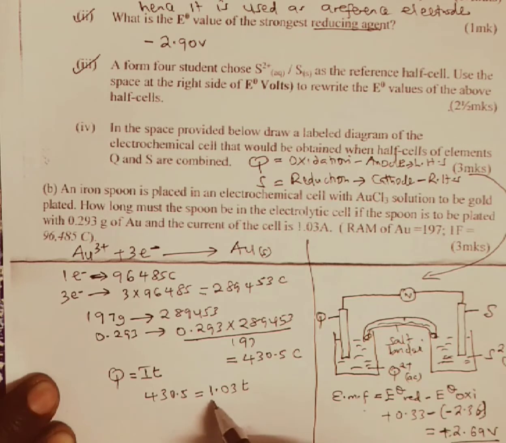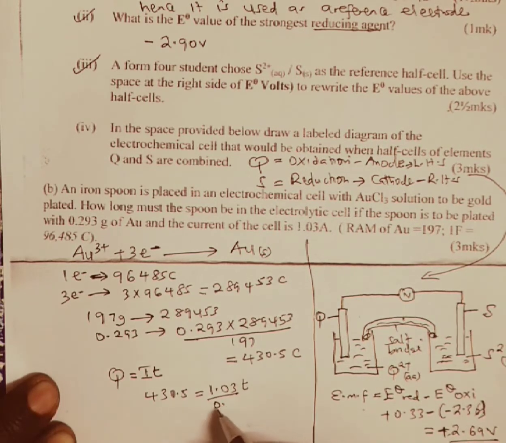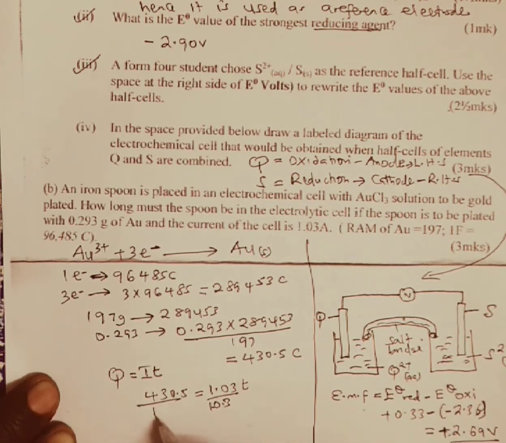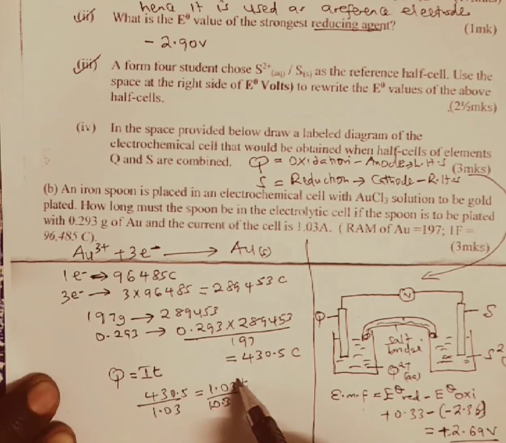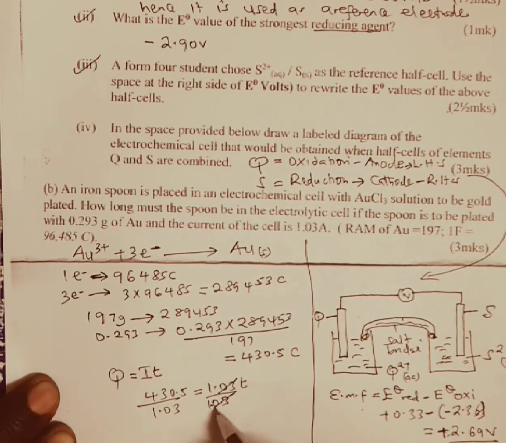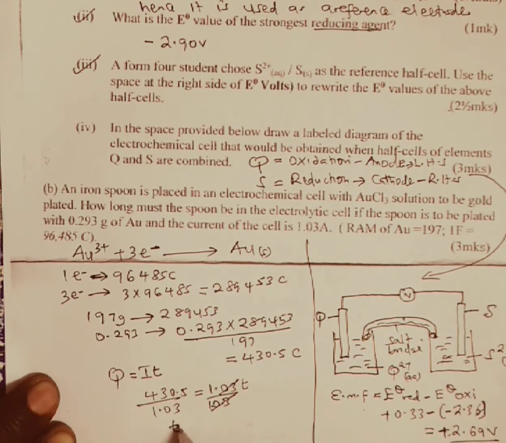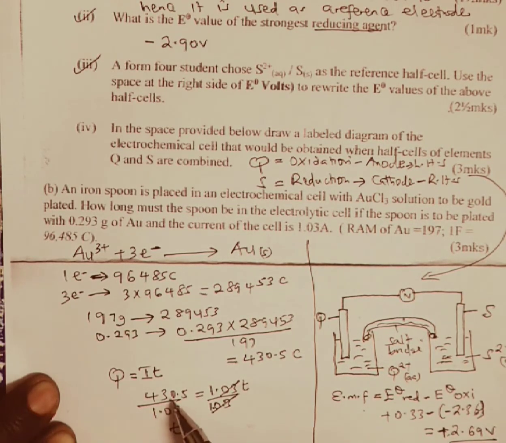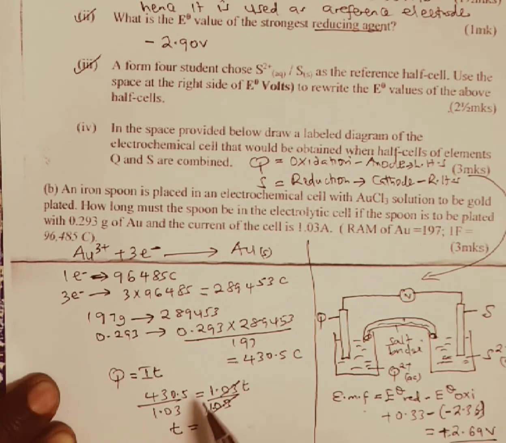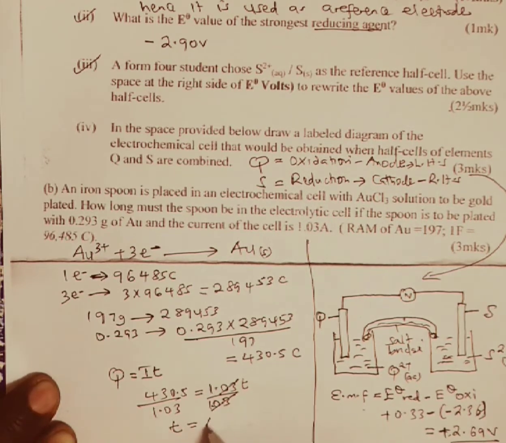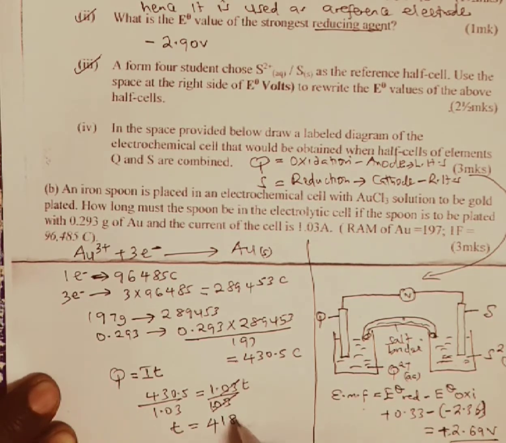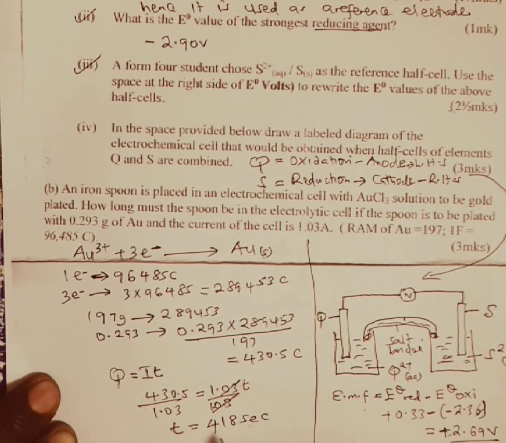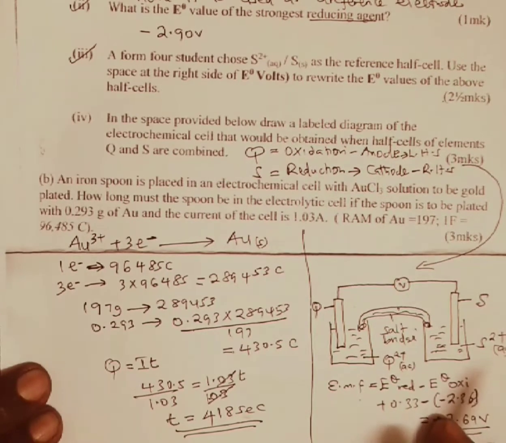For us to get the value of T, we divide by 1.03 on both sides, where 1.03 and 1.03 cancel, and T is going to be equal to 430.5 divided by 1.03, and this gives us approximately 418 seconds. That is the answer to this particular part of the question.